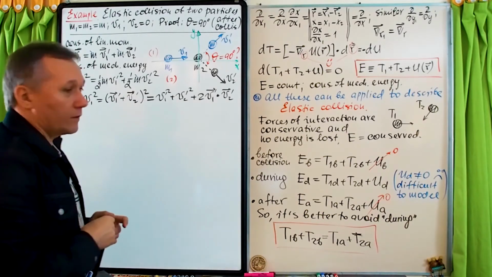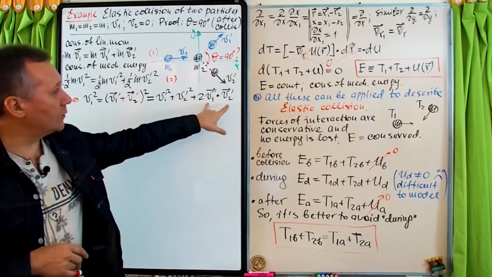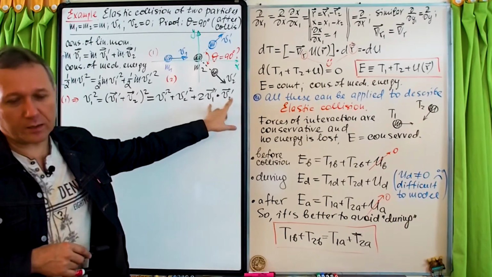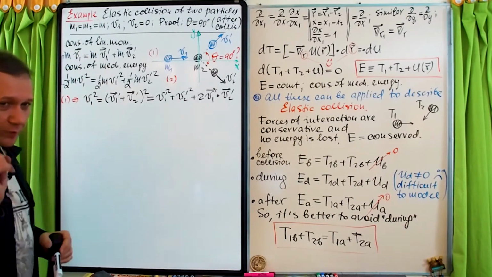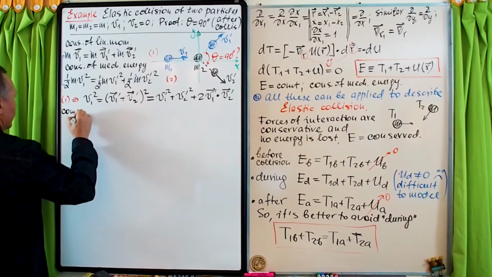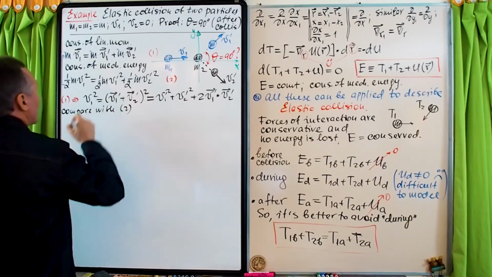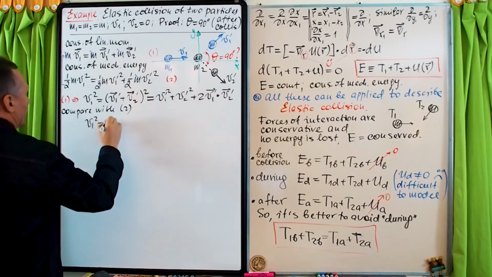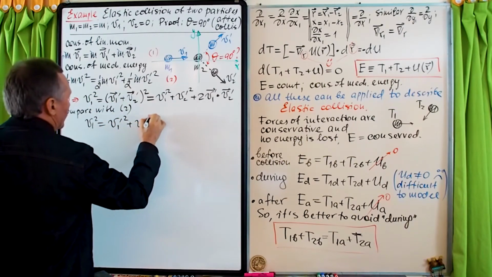Sometimes it's useful not to open this up, and I think in your homework there will be such a case too. Now compare with the second equation, which is v1 squared equals v1 prime squared plus v2 prime squared.